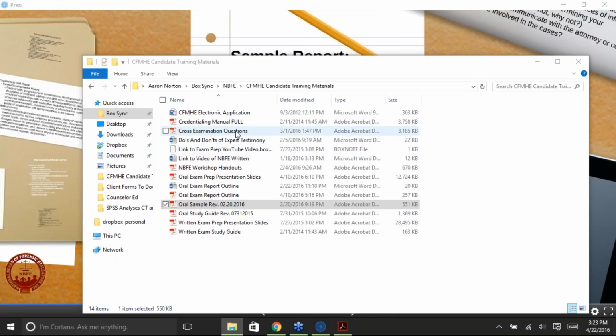We have a couple things on here that I just threw in there I thought you'd find helpful: cross-examination questions and do's and don'ts of expert testimony. You won't necessarily need either of those files for, say, the written exam. They could come in a little bit helpful for the oral examination, in the sense that you sort of act or behave as though you are an expert witness in court when you're doing that oral exam. We'll get to that later.